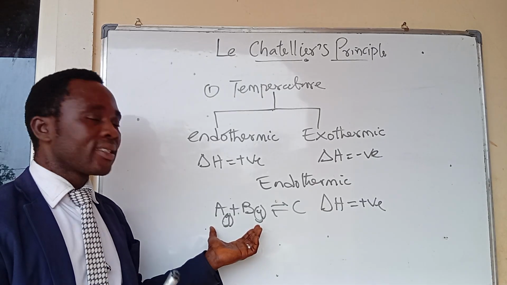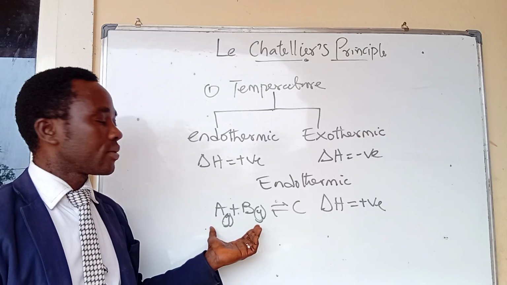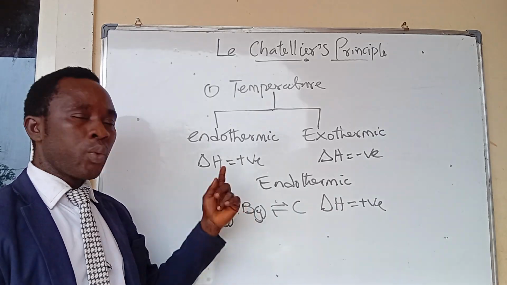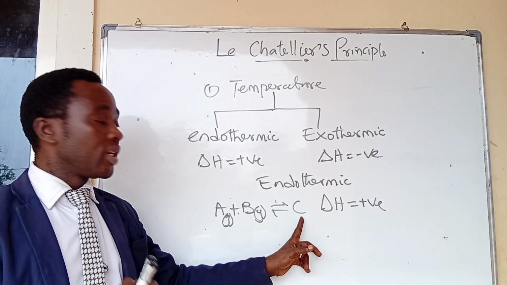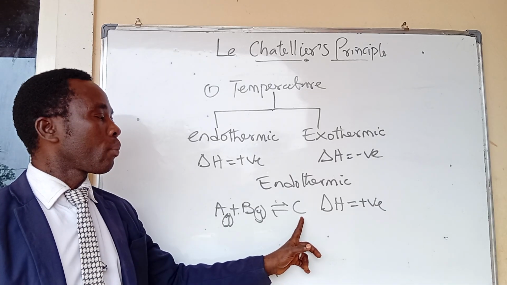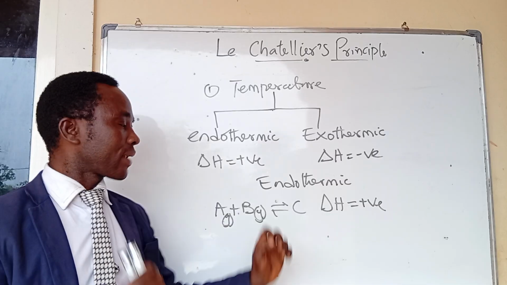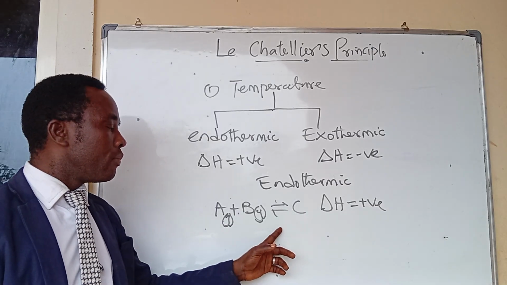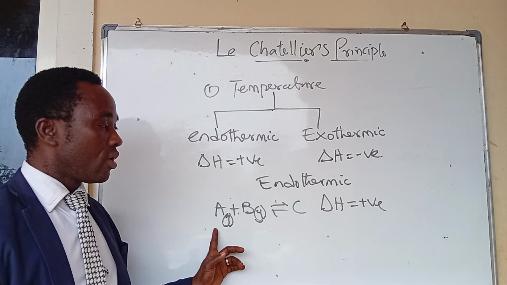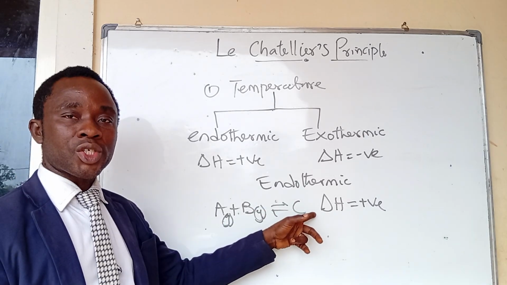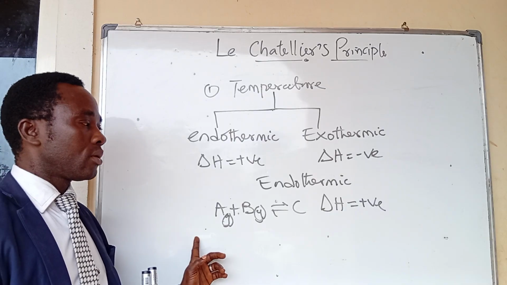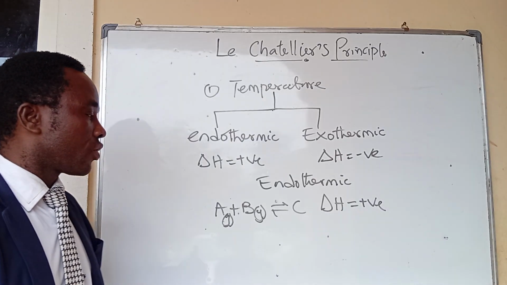That means that increase in temperature for this endothermic reaction shifts the equilibrium to favor more formation of C. However, if we decrease temperature for an endothermic reaction, the reactant will be favored. Increase in temperature favors forward reaction, while decrease in temperature favors backward reaction for endothermic reaction.